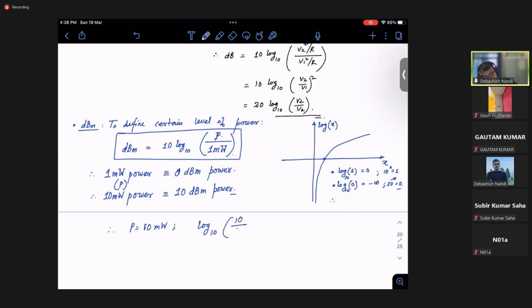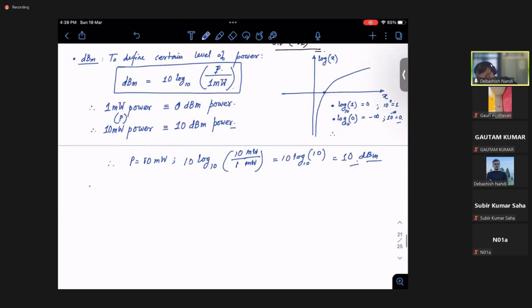It is 1, and there is a multiplication factor of 10, so 10 dBm. So whenever you find the unit dBm, this defines a certain level of power with respect to 1 milliwatt power. Okay, this you keep in mind.